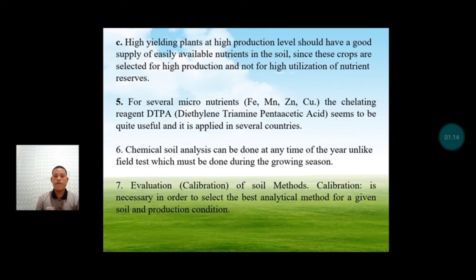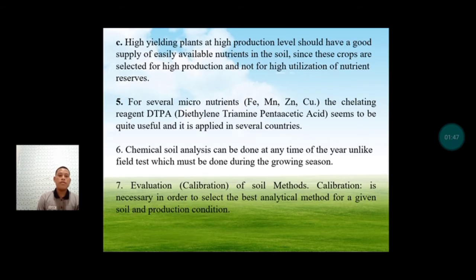To have the right nutrients in the soil that the plants need, but if the plants have low production, the farmers must use different ways like organic and inorganic fertilizer in the soil to supply the needs of plants and to have productivity of crops. When the plants have high production, it means that there is a good supply of nutrients from the soil, and the farmer should use fertilizers.